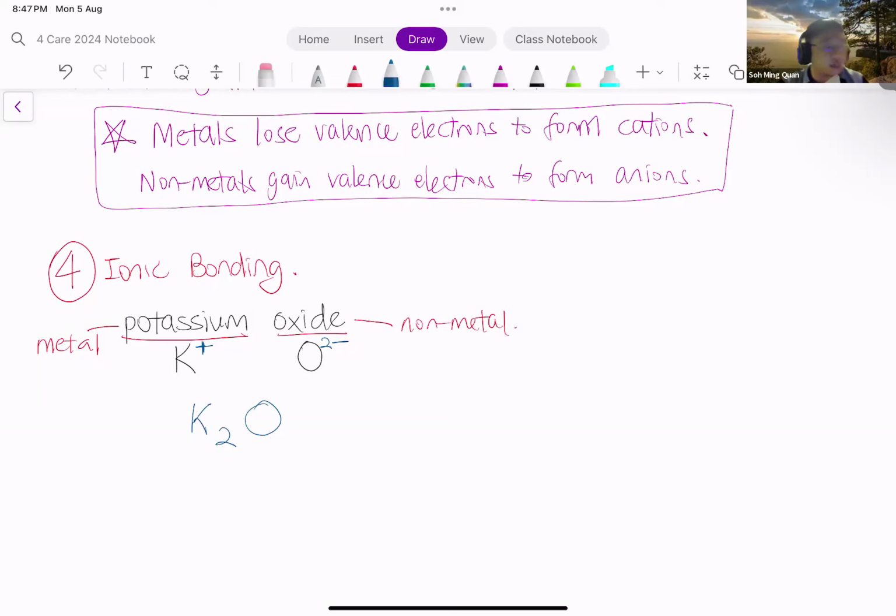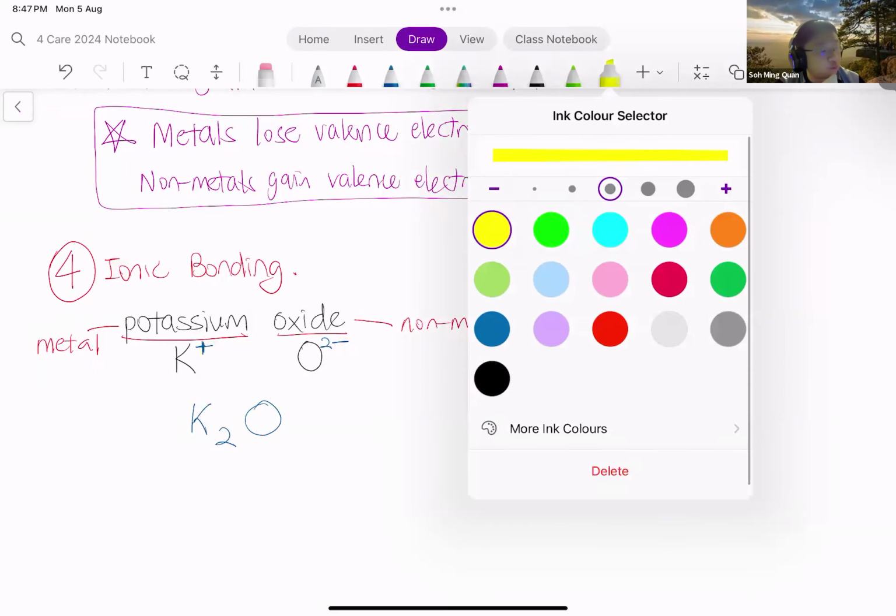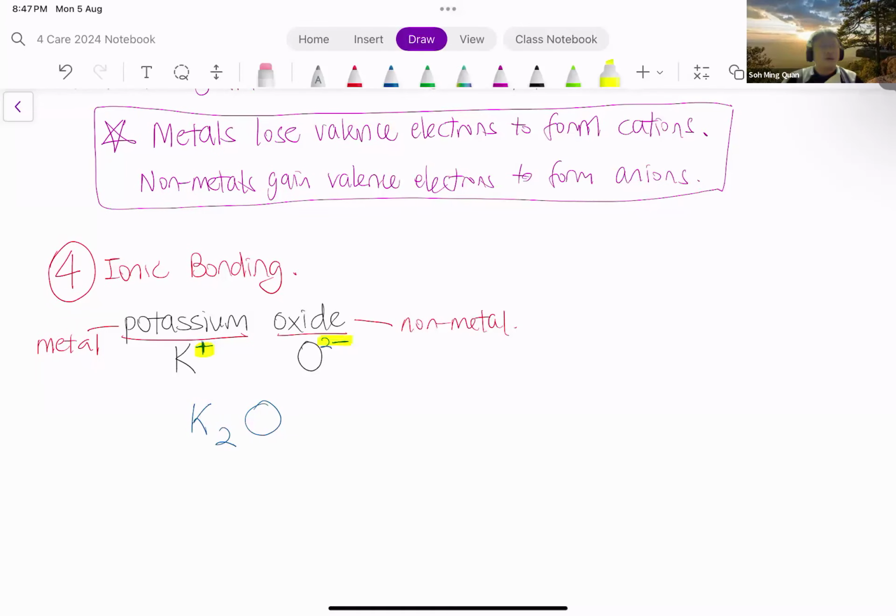Another way to see it is the charges have to balance each other out, because the final compound should not have any more plus and minus, meaning the plus must be balanced out by the minus. So in this case, you can clearly see oxide is a 2 minus ion. Therefore, you will need 2 times the amount of K plus to balance out 1 oxide ion. So we say K2O. The number is written at the bottom.